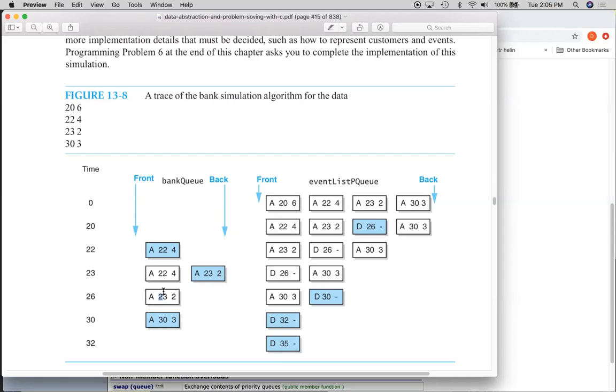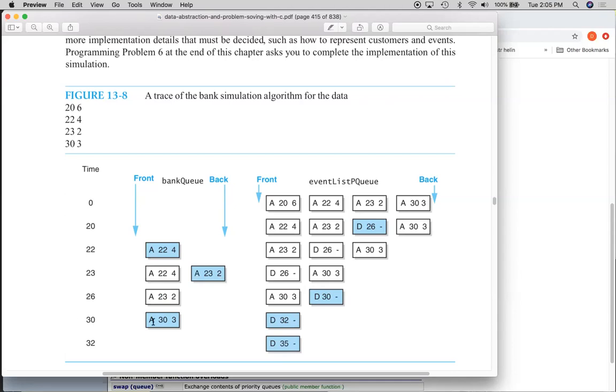So it's time 30, and we know that this event has a duration of 2 minutes. So that means we're going to create a departure event at time 32. Don't worry, the pseudocode is going to formalize all of this stuff that I'm saying. So you don't have to memorize all the steps.